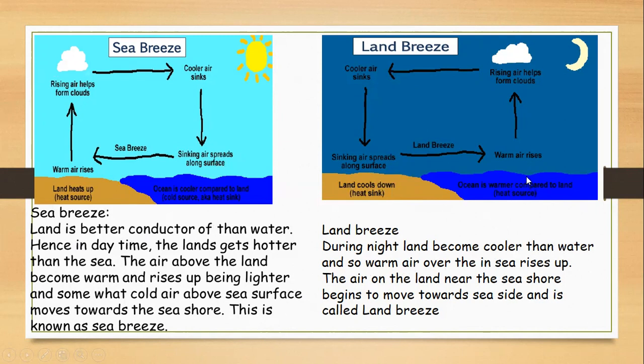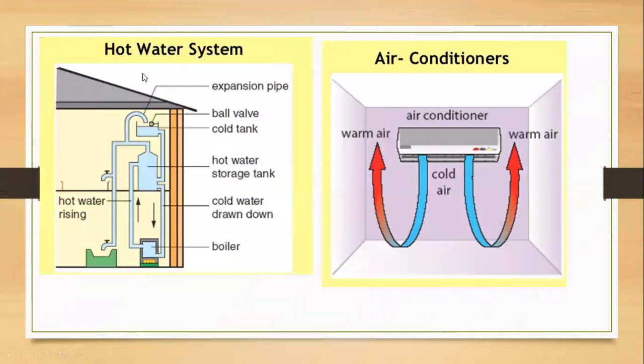So the warm air over the sea rises up, and as this warm air rises, the cool air from the land rushes in to take its place. So during the night the land breeze blows, and during the day we experience the sea breeze. So this is how the convection current is formed in land and sea breeze.